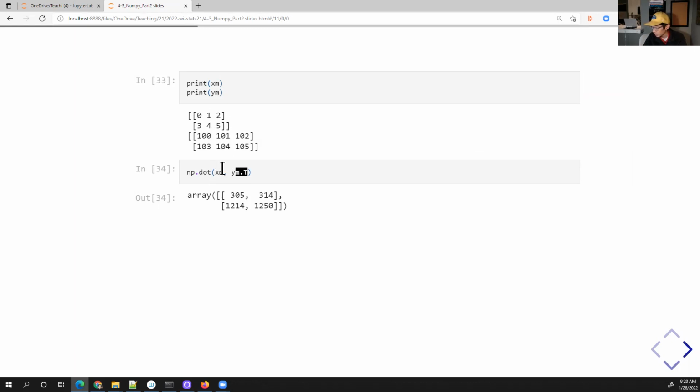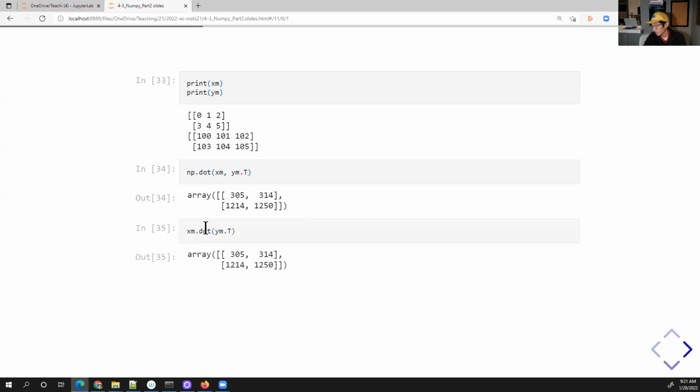Because when you do matrix multiplication, the number of columns in matrix A needs to match the number of rows in matrix B. So I would have to take ym and transpose it, and then I would have a 2 by 3 matched with a 3 by 2, and the result will be a 2 by 2 matrix.